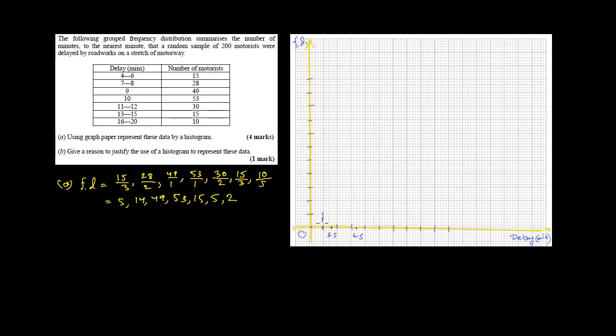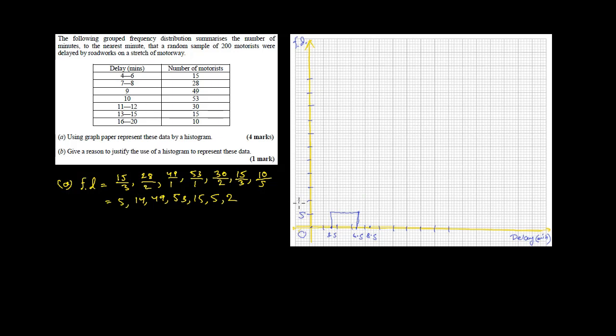So it is going to be like this. This is 5, so it will be this. So this is 5. The next one is 7 to 8. That means 6.5 to 8.5. So 6.5. This is 8. 8.5 is somewhere around here. So this is 8.5. And the height of the building is 14.